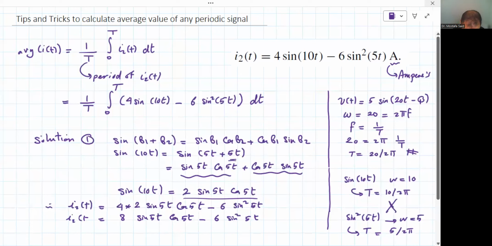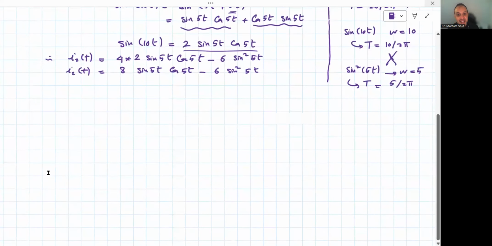That's I2 of t. Now every angle here is 5t. Every angle in all the cosine and sine terms here is 5t. So we can say with great confidence that omega is equal to 5.